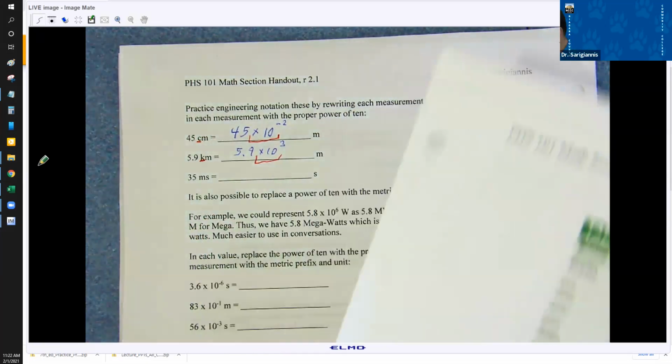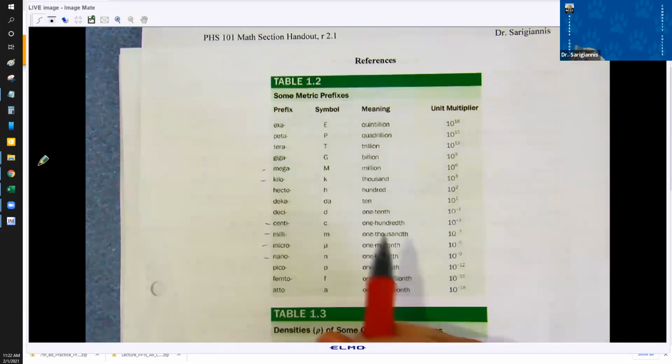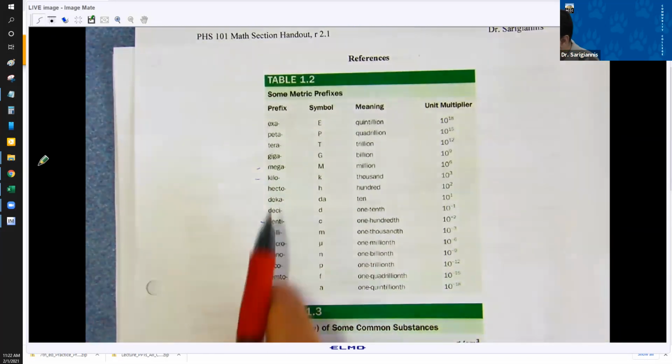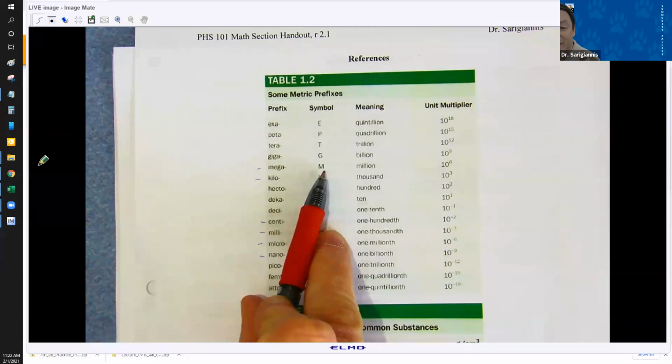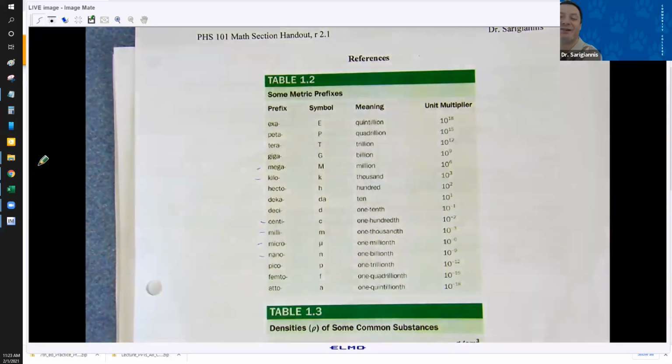This last one is one of the common prefixes you'll see. So I just made a little dash here next to some of the common ones. You'll hear mega a lot, for, well, the lottery, Mega Millions, which seems kind of redundant. I mean, mega means a million. K is kilo for 1,000.